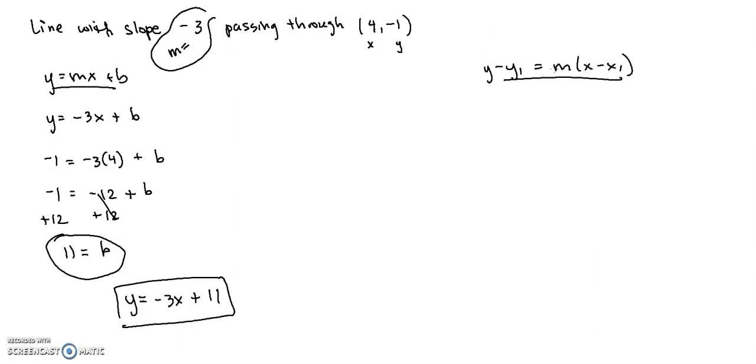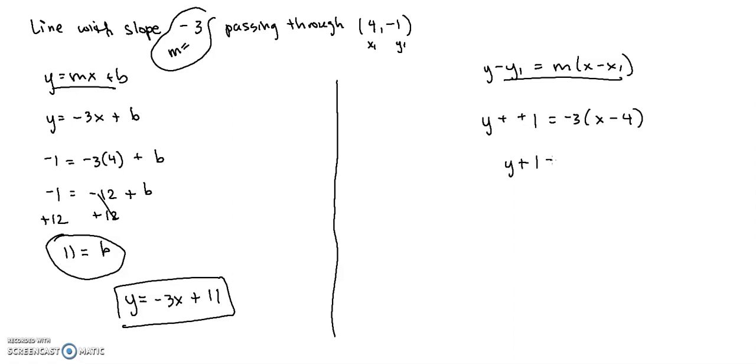Okay, now, same thing but over here. We're going to use this as our x1, y1, and we're going to plug everything in. So we're going to have y minus y1 equals m times x minus x1. So we put in our y1, our m, and our x1. We remember that minus minus is the same as plus plus.